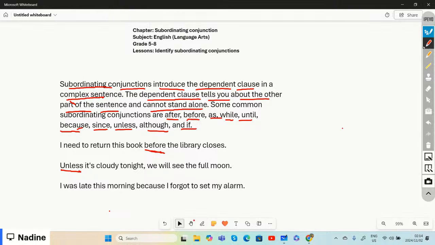So, unless is our subordinating conjunction.